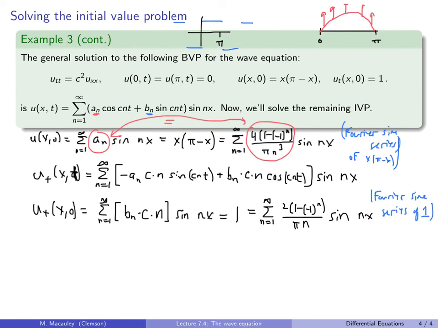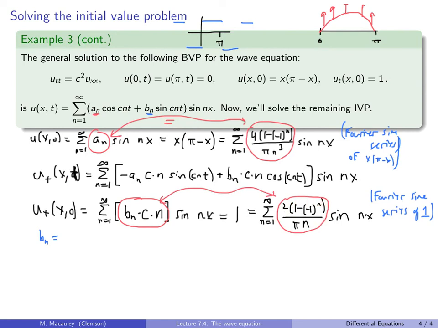Okay, so now it's tempting to say that Bn better be equal to this, but that's not correct. It's almost correct though. This coefficient of sine of nx, which is this whole thing, has to be equal to this. So in other words, Bn equals this whole thing divided by c times n.